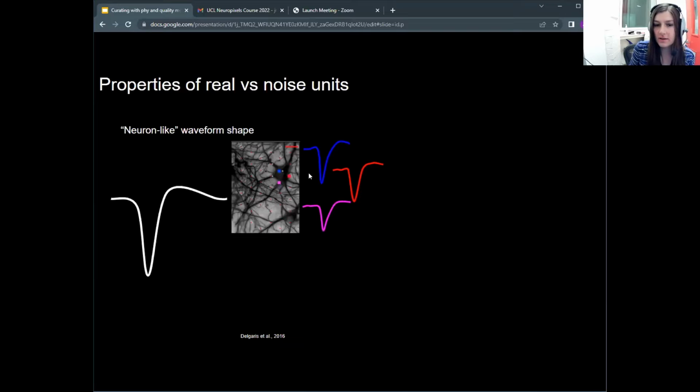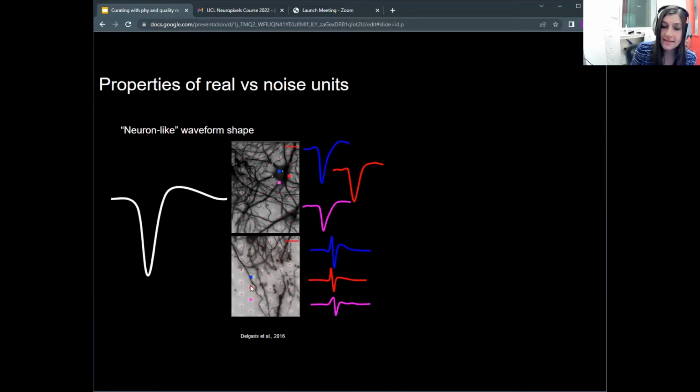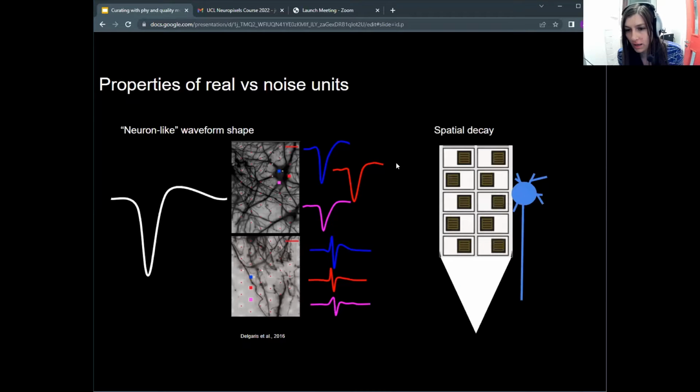And this is true for spikes that are recorded near the soma of a neuron. If you are recording from other areas like axons, non-somatic areas of a neuron, spikes might look a little bit different, notably a larger first peak. Whether you want to keep this or not depends on the questions you want to ask.